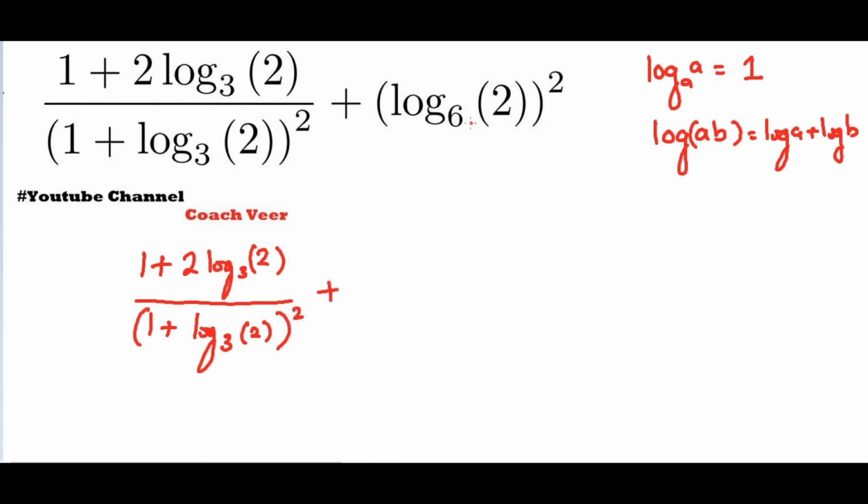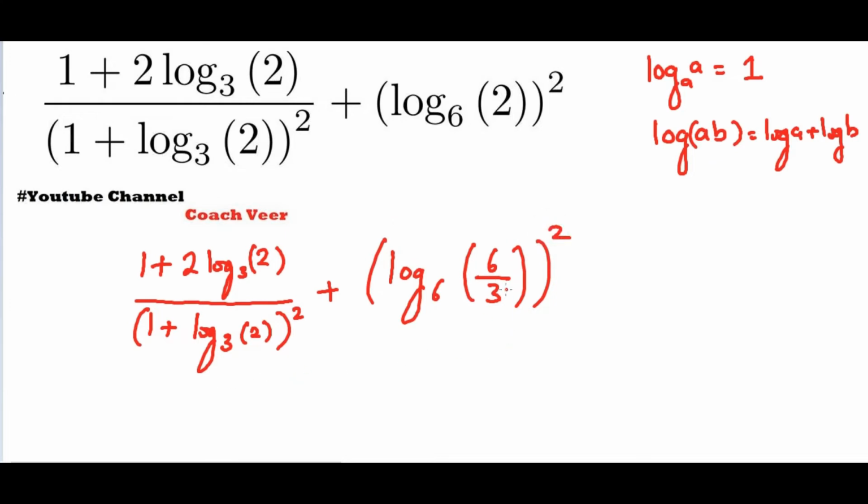What we can play as a trick here is, how can we make this 2 as something which is related with the base 3? We need base 3. So there is a trick, like log 6 base, we can write it as 6 by 3, which is 2 only. So that's how I got 3.